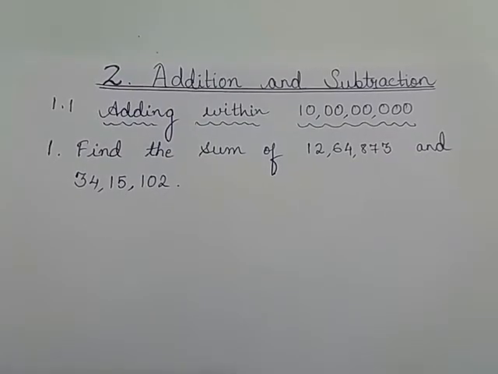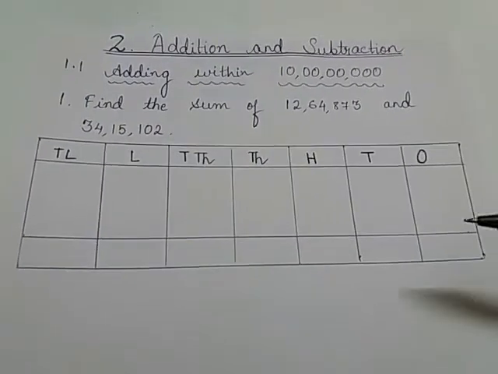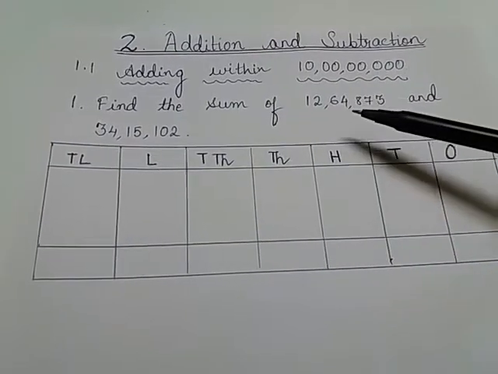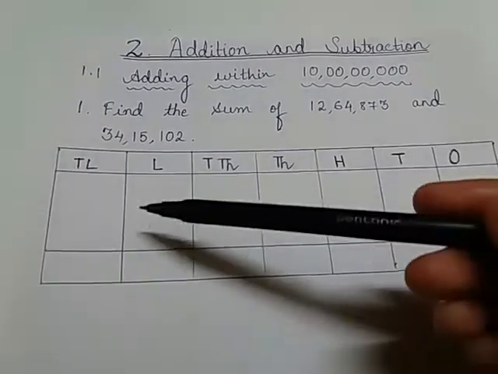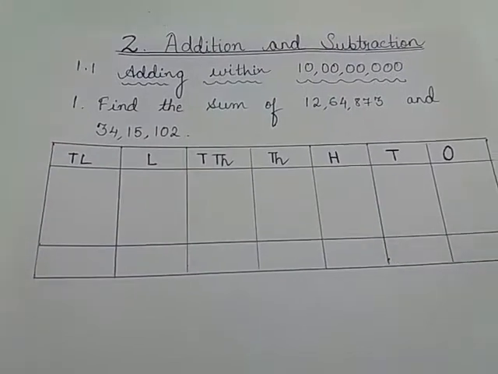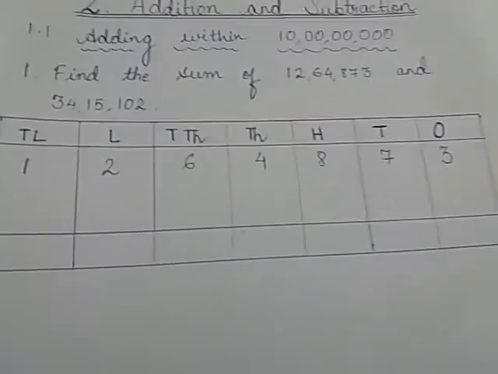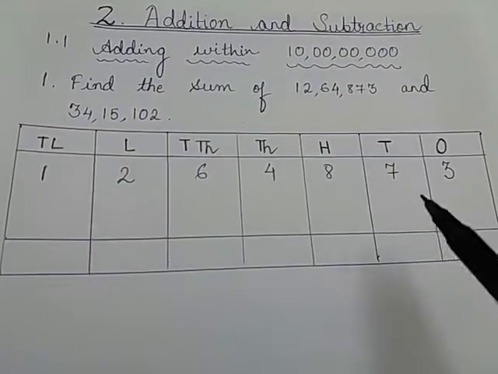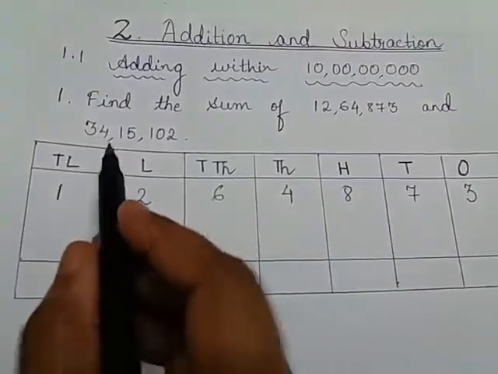So let's start. So here we have drawn our place value chart, and now one by one we will arrange or fill these numbers over here. This is the first number that we have already filled up. Now let's see, this is 34 lakh.